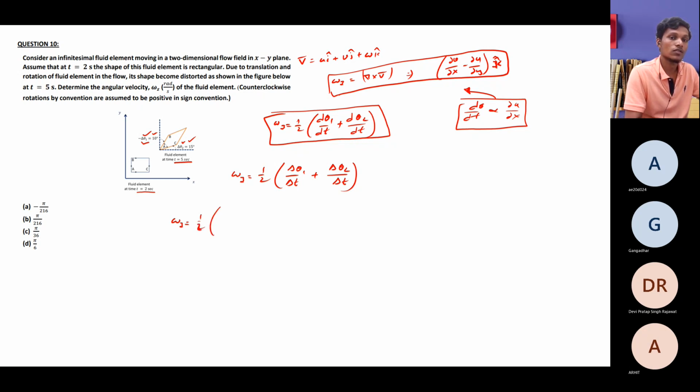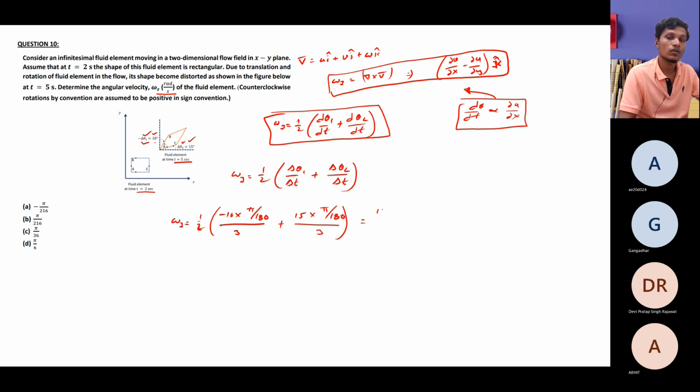They asked for the result in radians per second, but gave the values in degrees, so you need to convert the angles: minus 10 times pi by 180, plus 15 times pi by 180, divided by the change in time, 5 minus 2, that is 3.